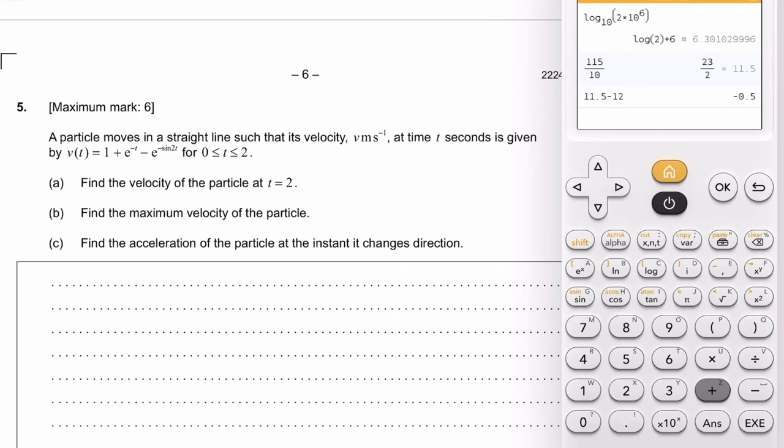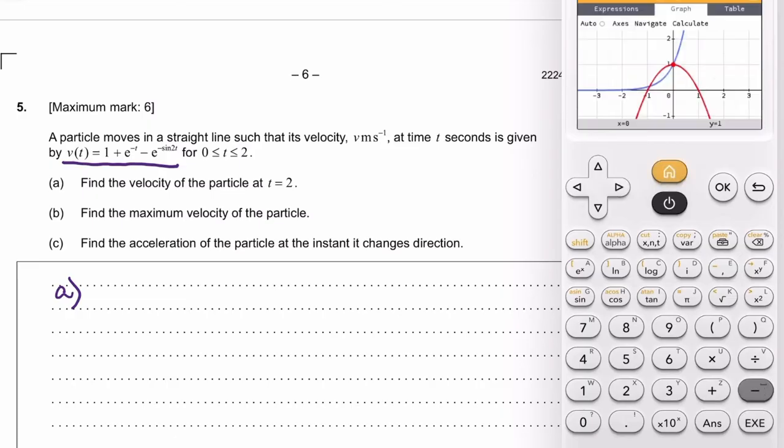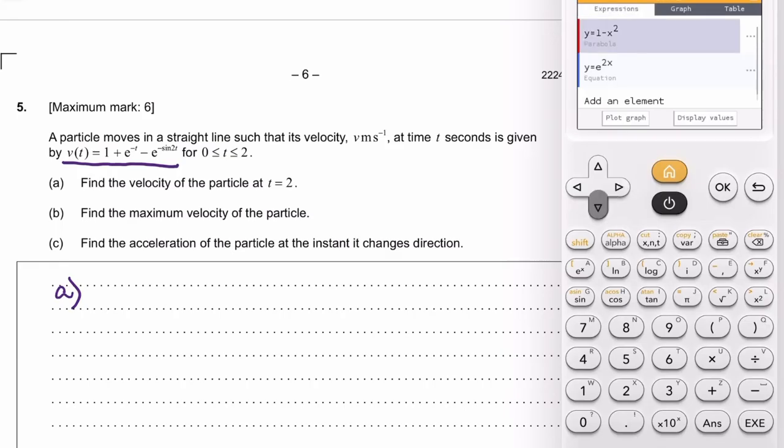Next is a kinematics question. A particle moving in a straight line with some velocity. Find the velocity when t is 2. Oh, we're just having t to be 2. I'm guessing graphing this would be helpful.